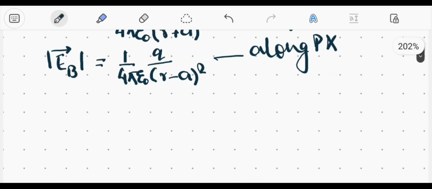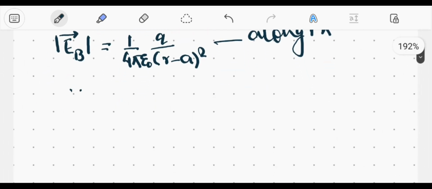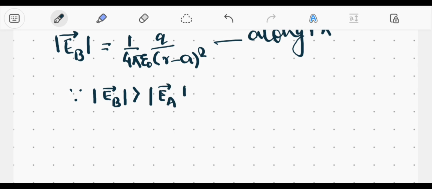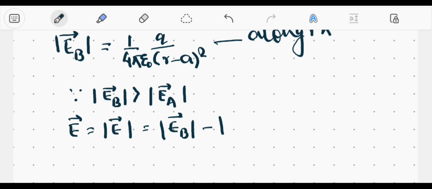So since EB is greater than EA, we can write that the magnitude of E vector will be equal to the magnitude of EB vector minus EA vector.